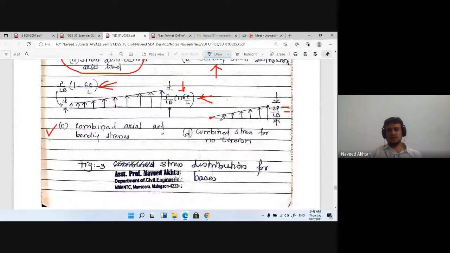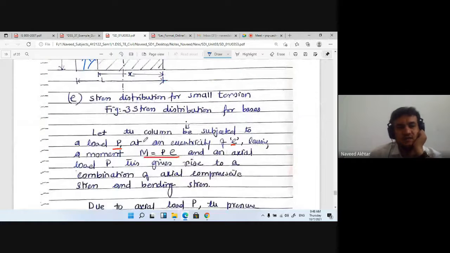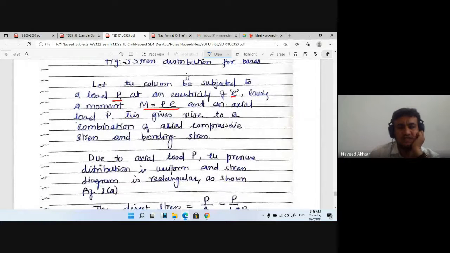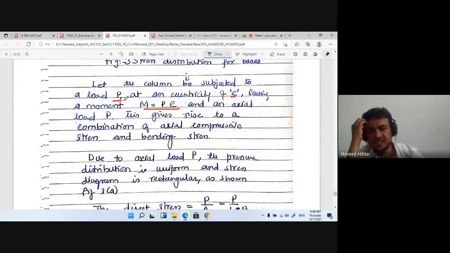Okay. So if I write down, let the column be subjected to a load P at an eccentricity of E, causing a moment M equal to P into E. Because load into distance is nothing but the moment, and an axial load P. This gives rise to a combination of axial compressive stress and bending stress.